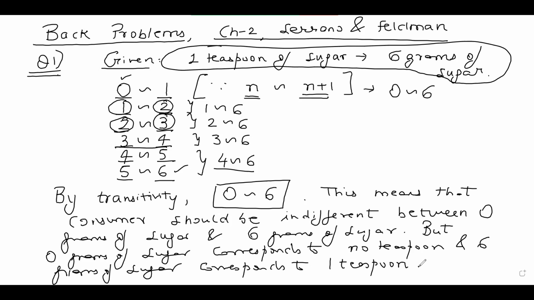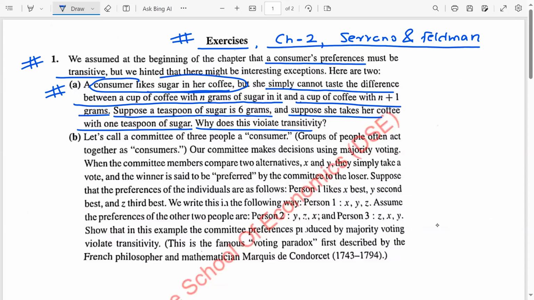And in the beginning of the question, we were given that the consumer likes more teaspoons of sugar. See, a consumer likes sugar in her coffee. She likes more teaspoons of sugar.